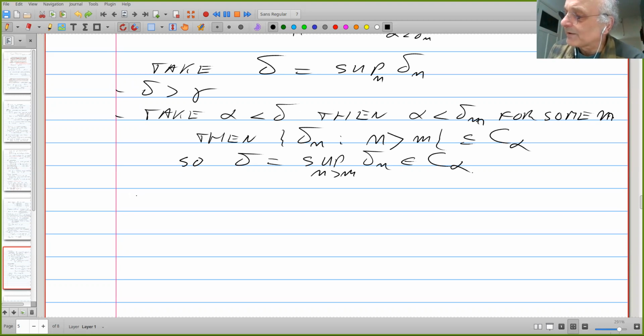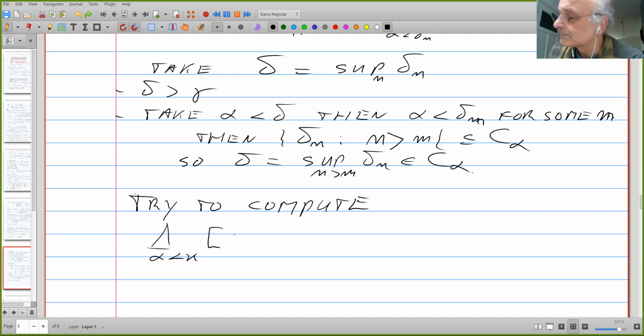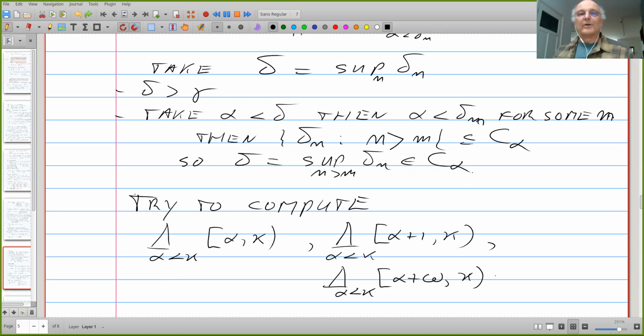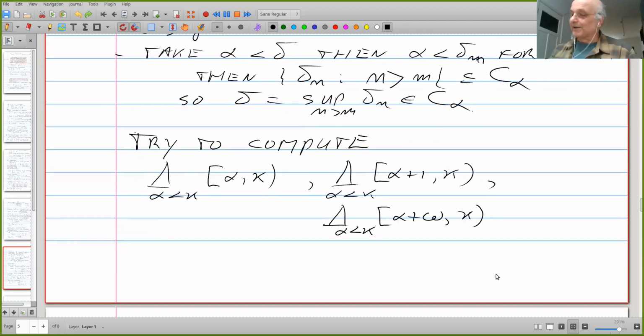pause the recording in a moment, but during the break, you can make all kinds of variations on this, but these three are easy cases of diagonal intersection.